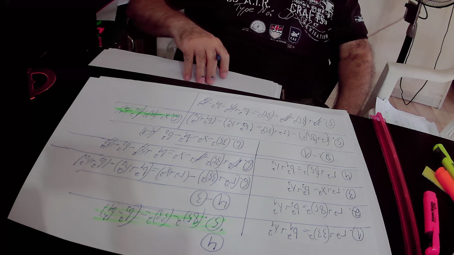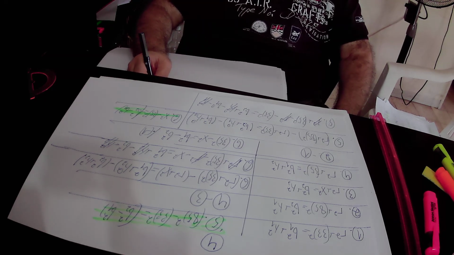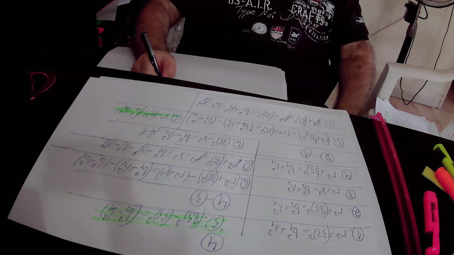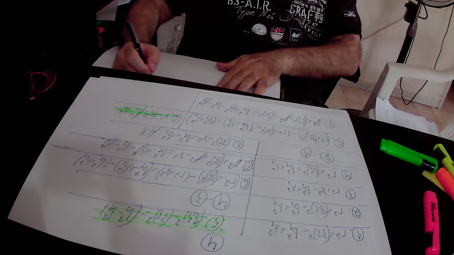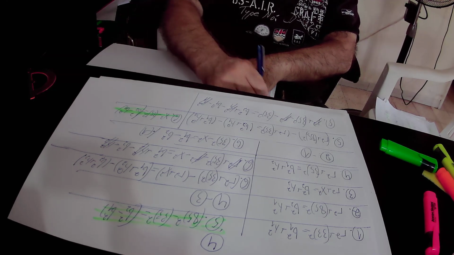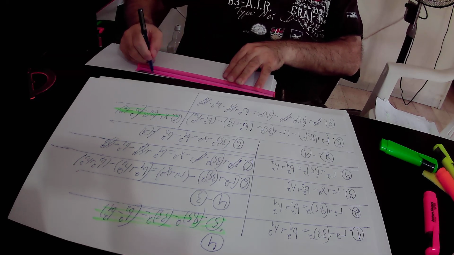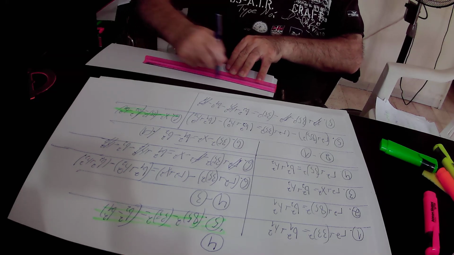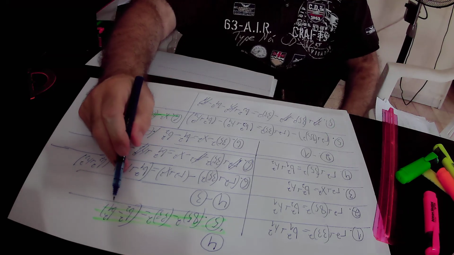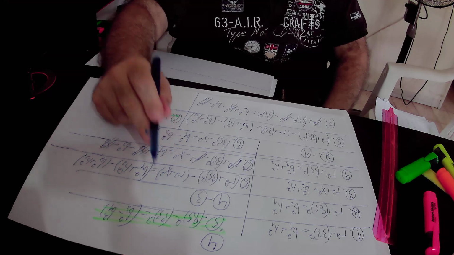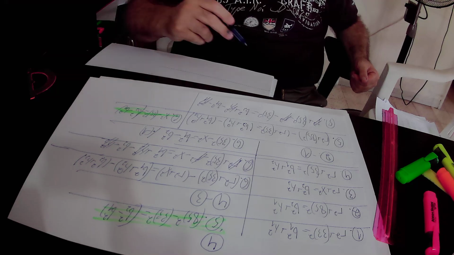Therefore, we create equation number 7. Equation number 7 states that b2 squared minus b1 squared according to equation number 5 must be equal to b2 squared minus b1 squared according to equation number 6.